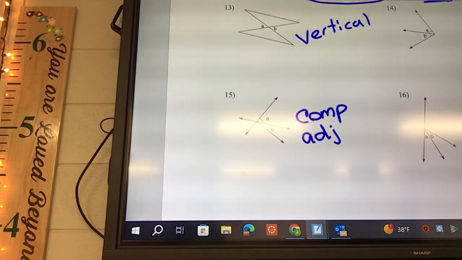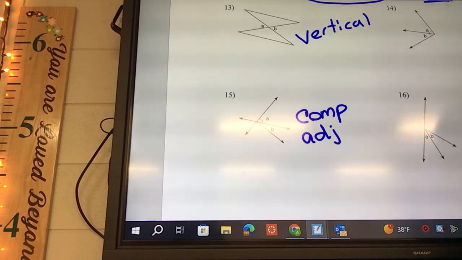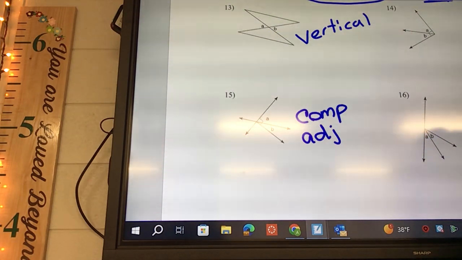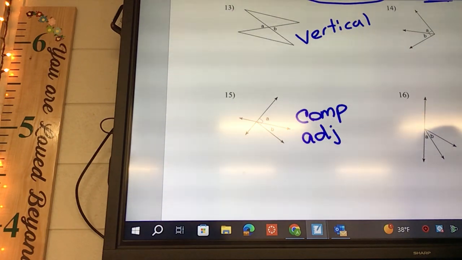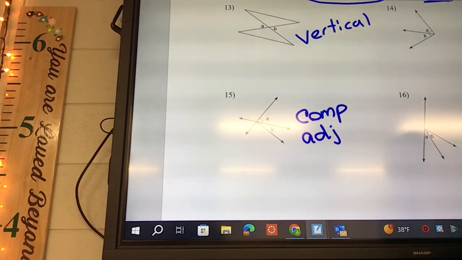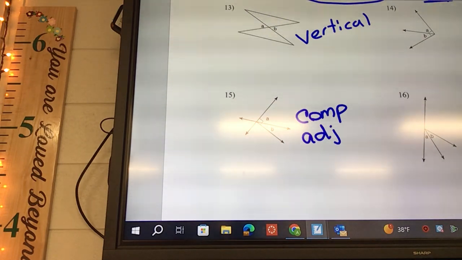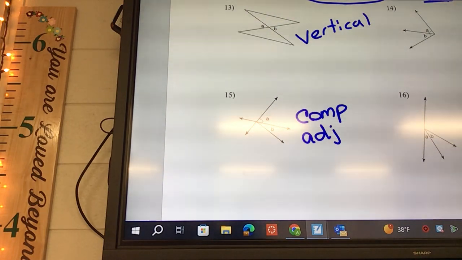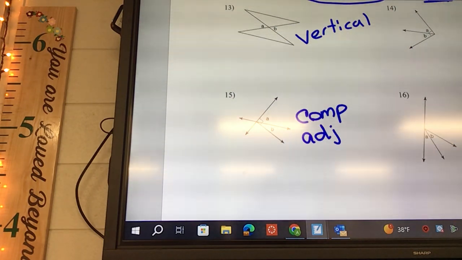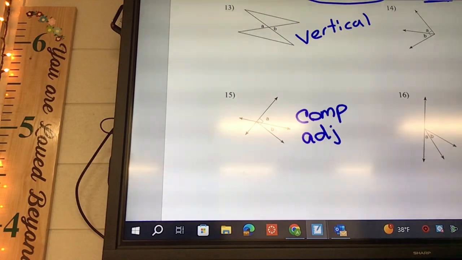Whereas if we look at 16, do those add up to 90 or 180? Or neither? They add up to neither, and those ones are just adjacent. So some of these are going to be both. Like 14 is going to be complementary and adjacent.